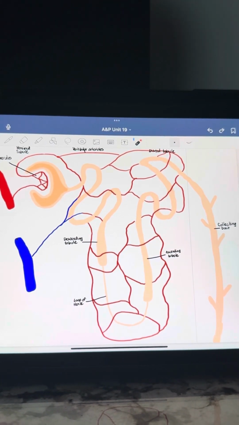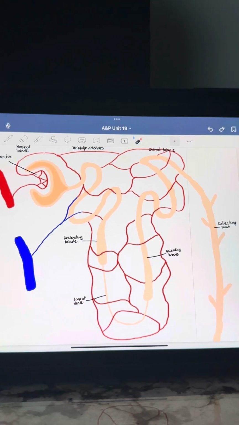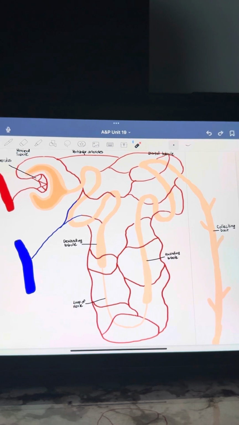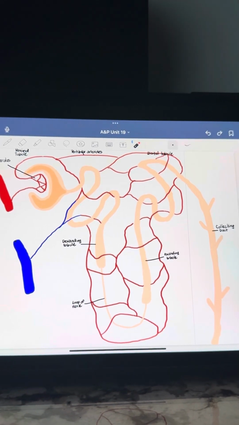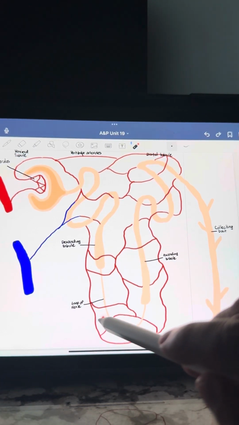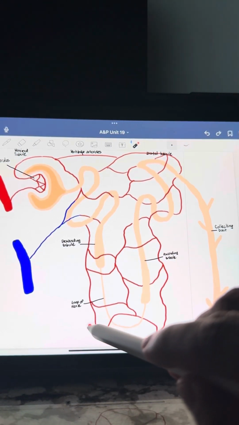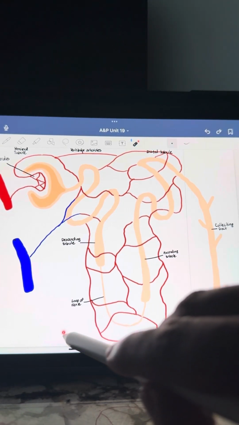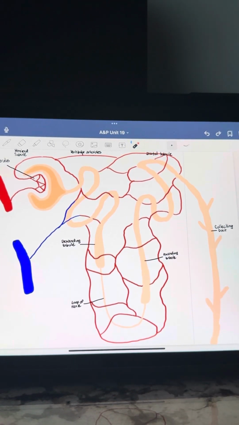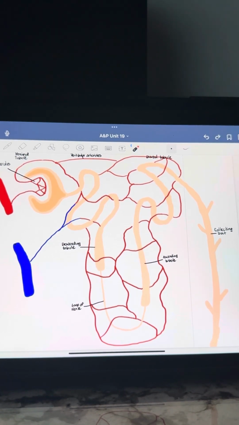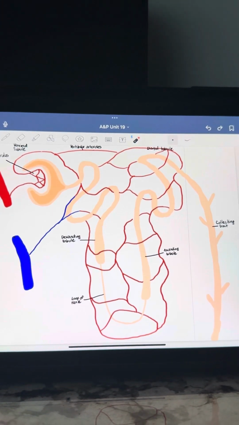Another important thing is that urea has an osmotic pull on water, and about half of the urea is reabsorbed. So urea comes out, for instance at the loop of Henle, into the interstitial space, and water follows it. And then urea will make it back into the nephron loop, where it will be dumped with urine.